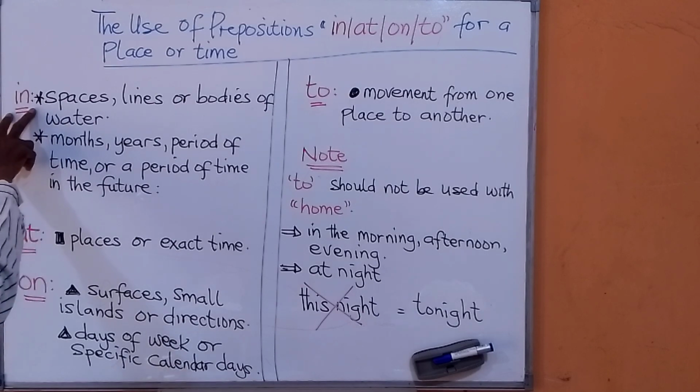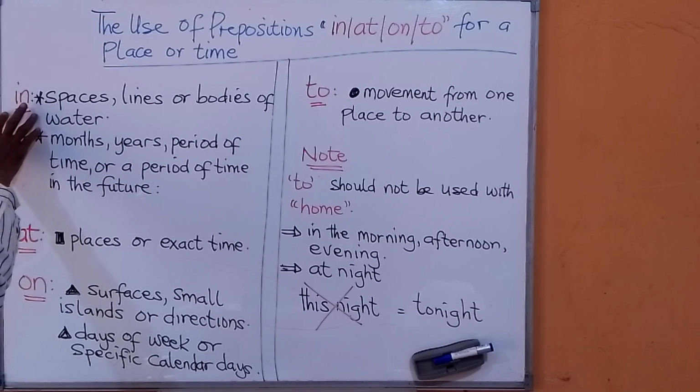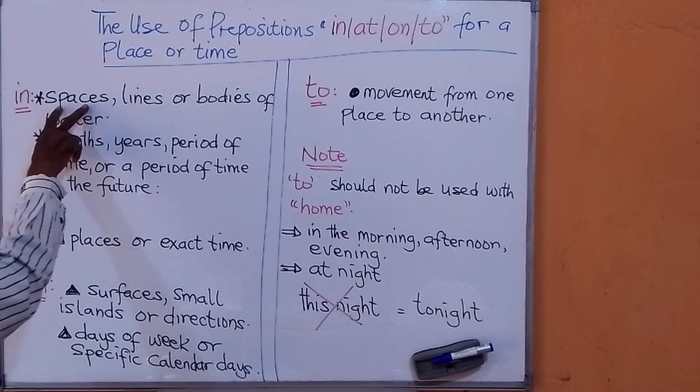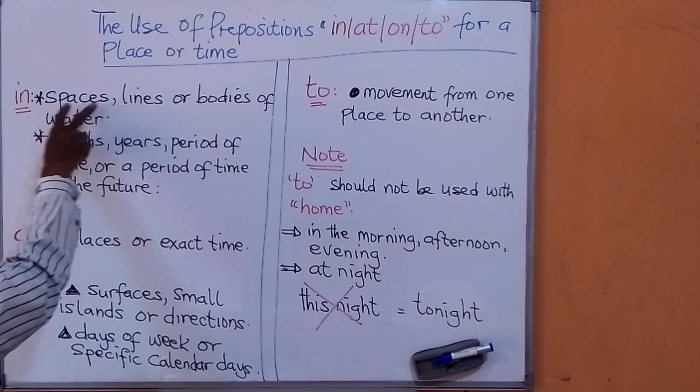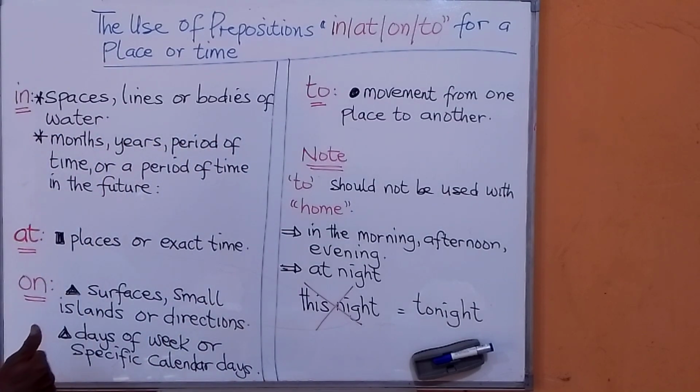Now, the first one is in. When do we use the preposition in? That's when we are talking about spaces, lines, bodies of water. Spaces first. When you are talking about space, you are talking about something that can take in another thing. If you enter, you know that it has a hole. It can take another thing. That's space.